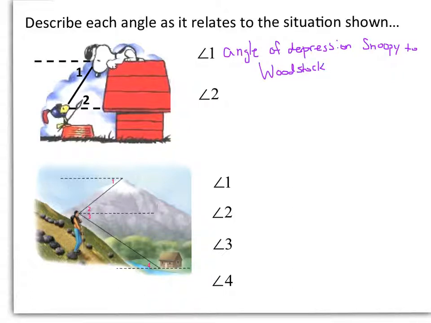And angle 2 is an angle of elevation, Woodstock to Snoopy. Woodstock is looking up at Snoopy.